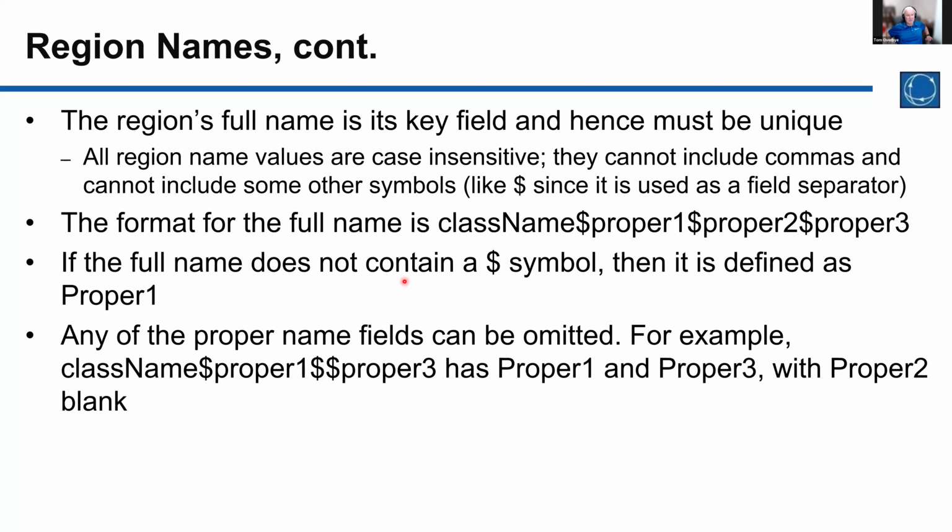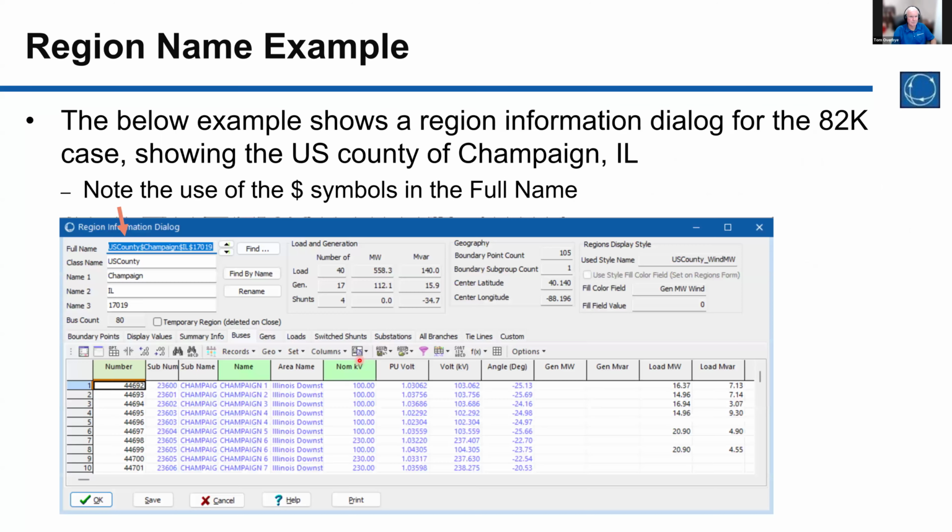So for example, if you just wanted to use a class name, proper one and proper three, it would look like this, with two $ signs next to each other. Usually when you look at these, you're going to be looking at the class and the three proper names separately, so you don't have to look at the full name. But the way that we make them unique is based on their full name.